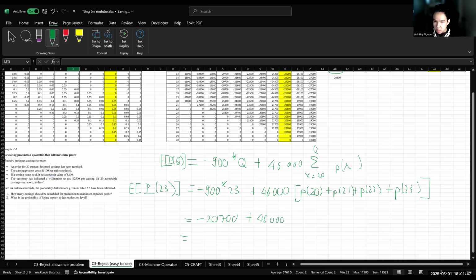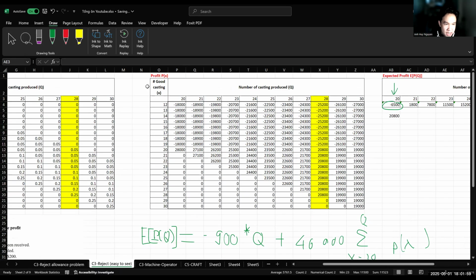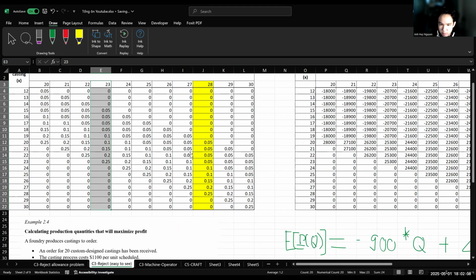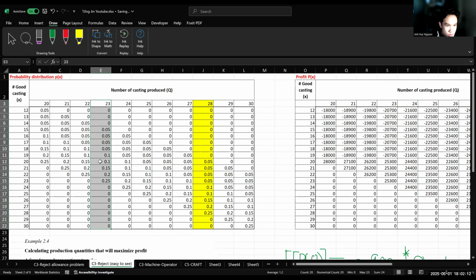Okay, let's sum all of these up. X equal to 20, 21, 22, 23, and Q equal to 23, right? So let's look at this probability table. We are calculating Q equal to 23, and we want to sum from 20 to 23, right here, okay? What is the sum?